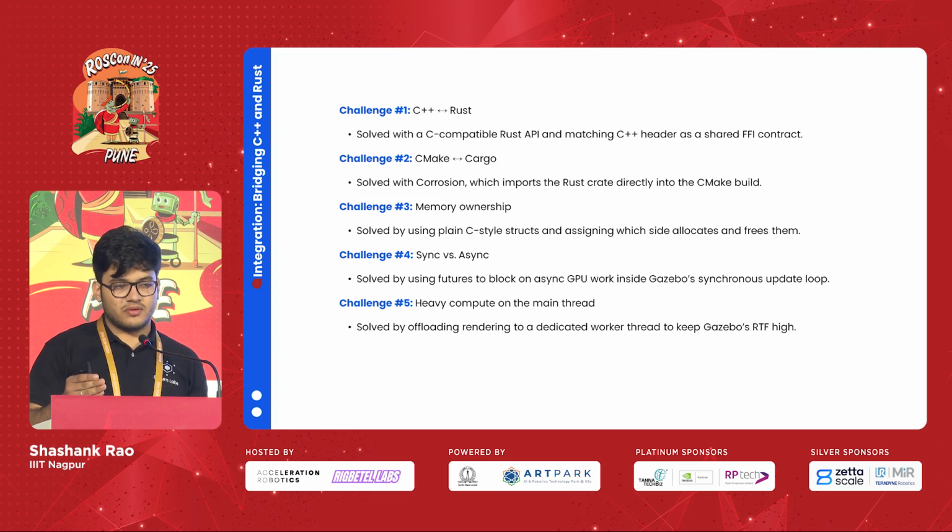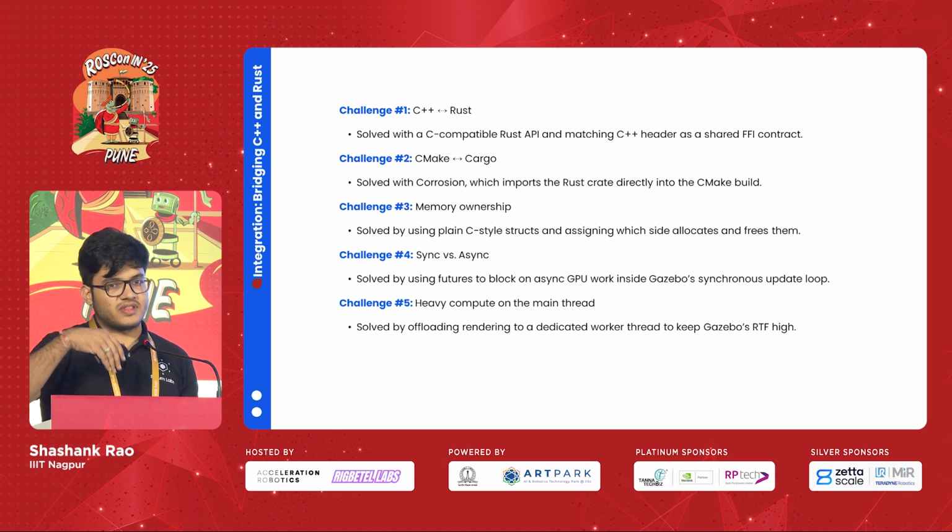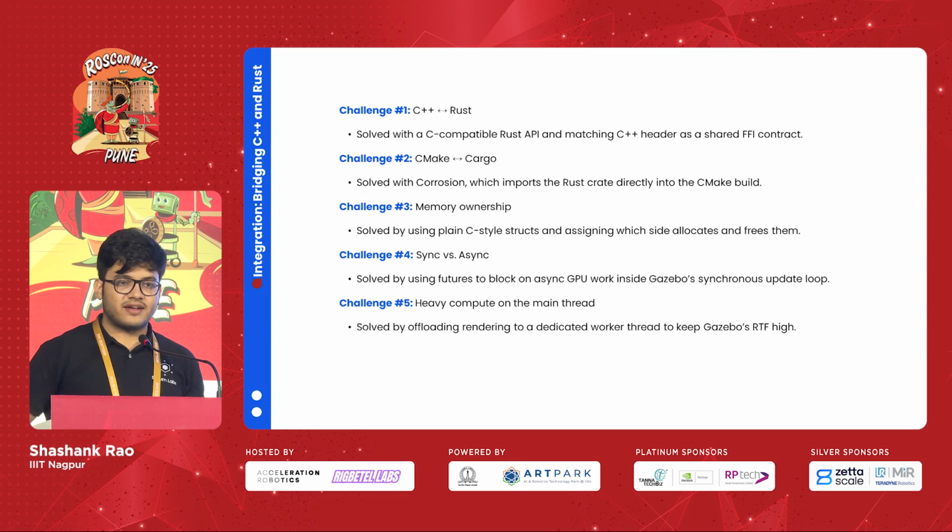So even if the entity was created inside Rust, the ownership was passed on to C++, so that until the next update cycle of Gazebo comes, the memory is held on to and does not get deleted before it has been displayed as a result.